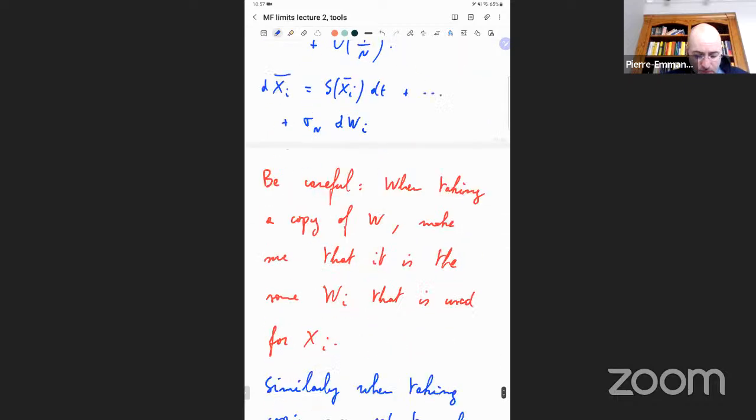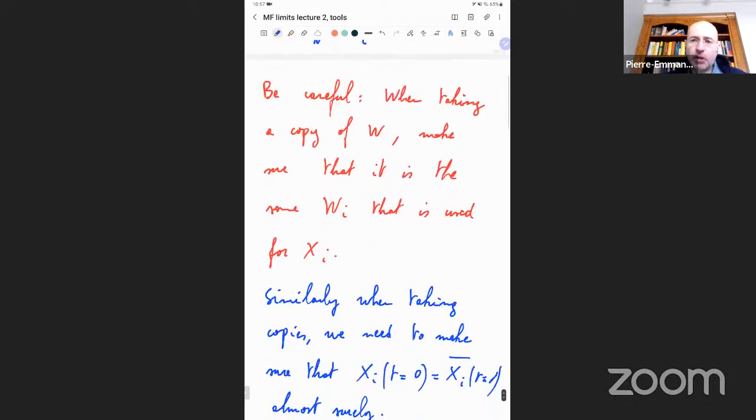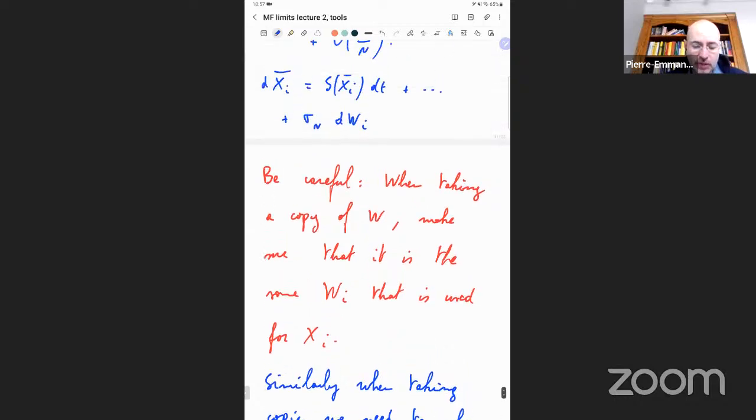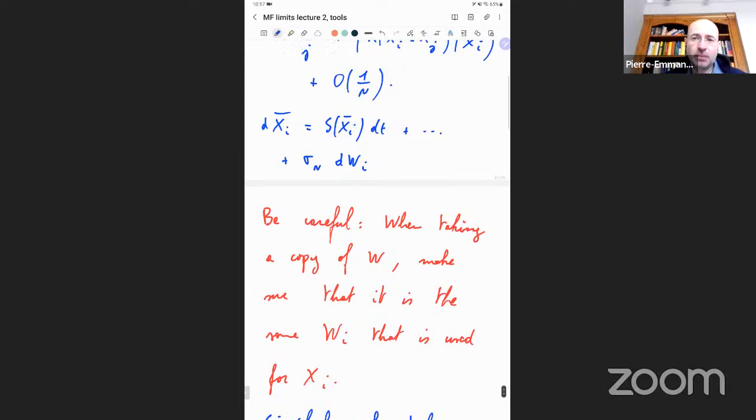All right. So is this point about taking copies clear for everyone? Because otherwise there is zero hope that it's going to be working. I can very easily take the wrong copies of X bar and they won't fit with the Xi.